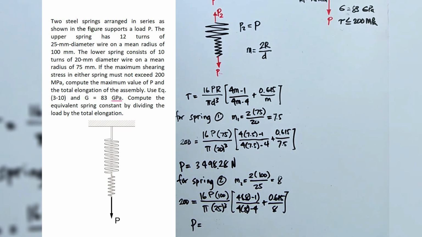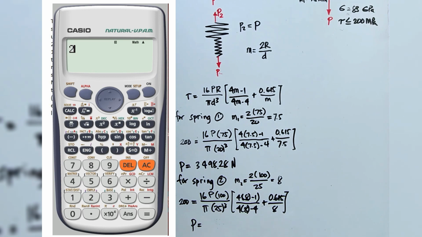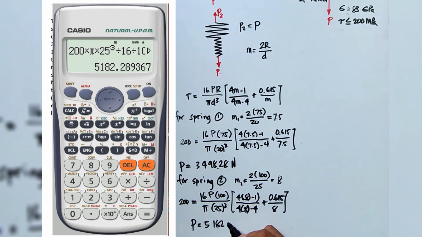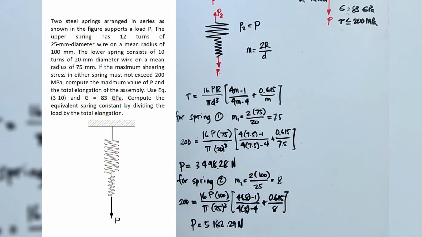P equals 200 times pi times 25 cube divided by 16 divided by 100 divided by the quantity 4 times 8 minus 1 divided by 4 times 8 minus 4 plus 0.615 over 8, close parenthesis. P equals 5,182.29 newtons.